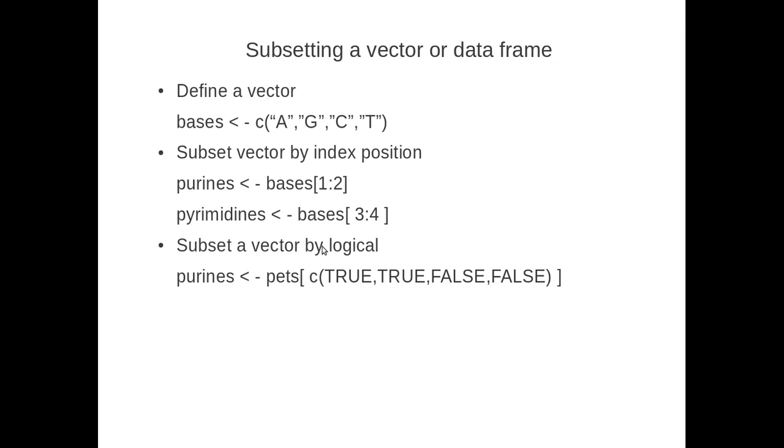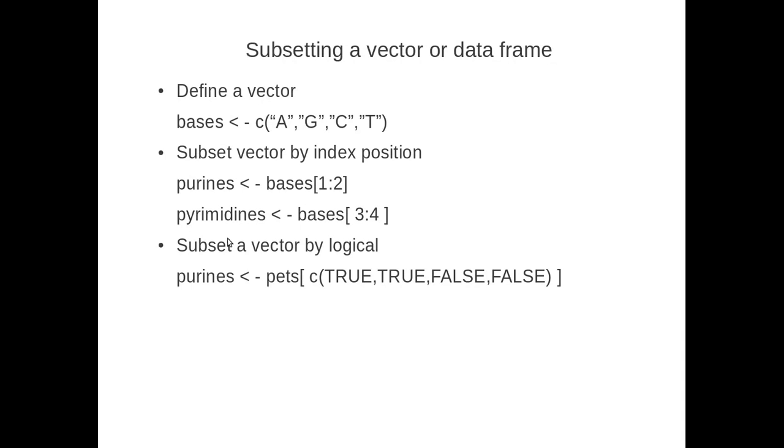We can also subset a vector using a logical. Sorry, this is a typo. This should be bases. If we use bases here, we can have a logical vector, true, true, false, false, and that will return the first two positions of the bases. Sorry, pets was a variable I was using in a previous lecture. This one here, we like to use bases.